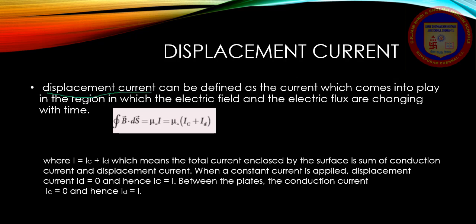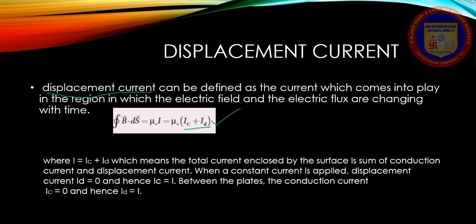So displacement current can be defined as the current which comes into play in the region in which the electric field and the electric flux are changing with time. So whenever there is a change in the electric field, displacement current is produced. Maxwell modified Ampere's law as integral of B dot dl is equal to mu naught I, which is equal to mu naught into (IC plus ID).